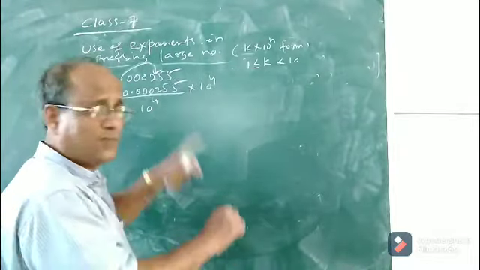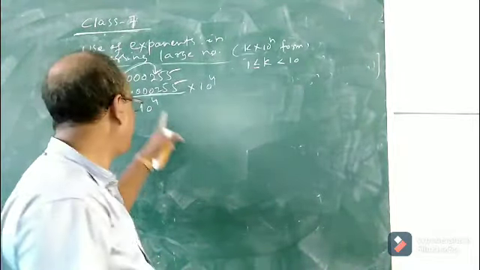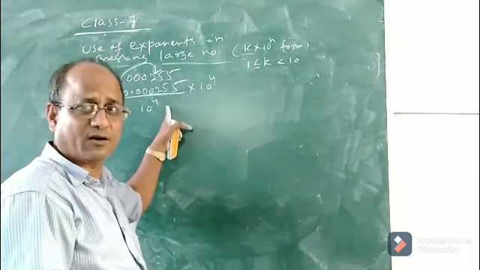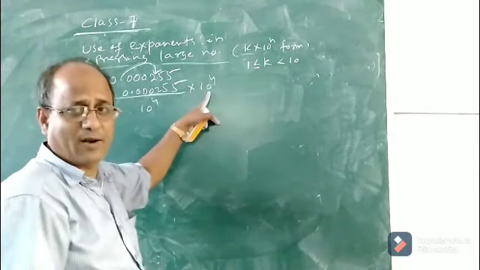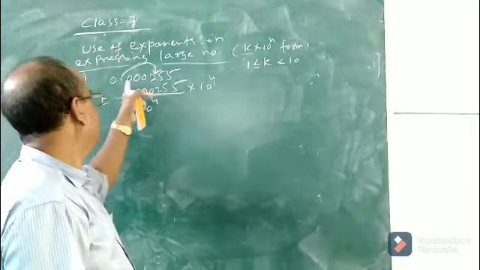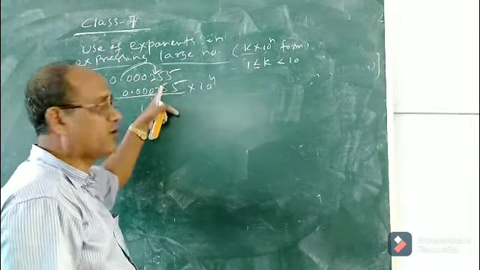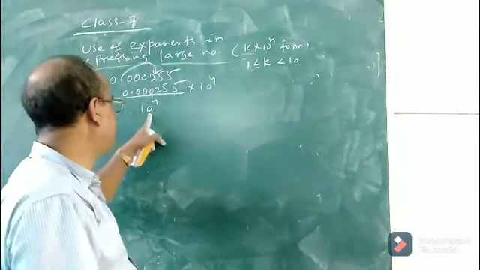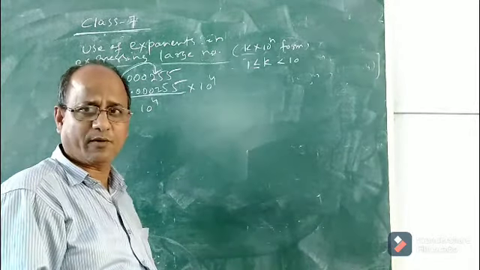You see how many places you want to shift. You divide by 10 to the power that much number, and multiply. Here we have to shift this point 4 places towards the right. So we have to divide by 10 to the power 4 and multiply by 10 to the power 4.